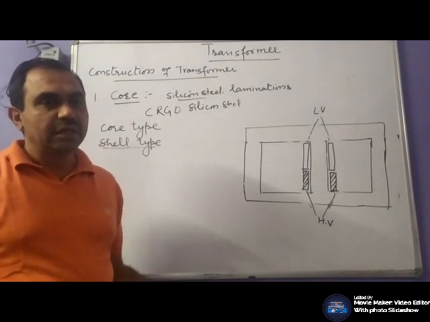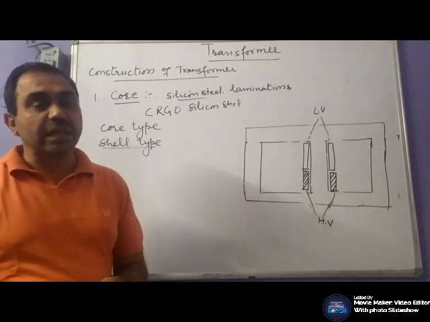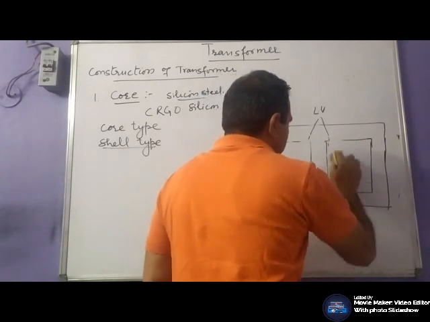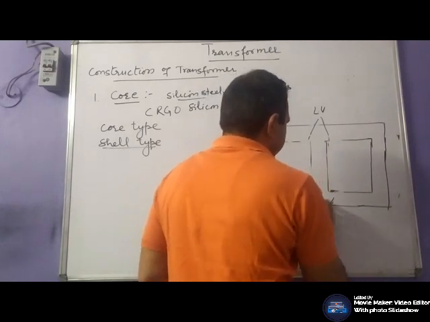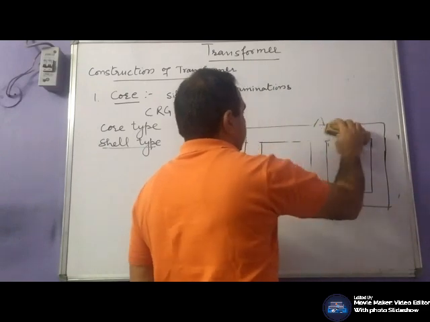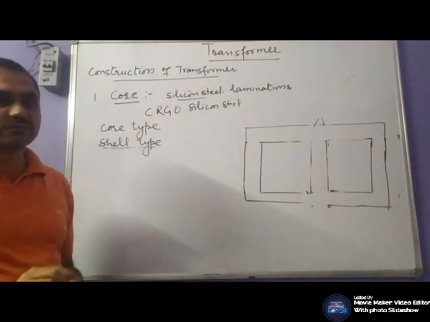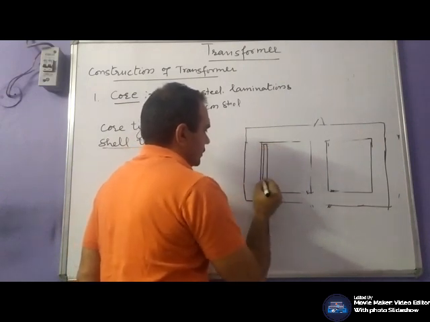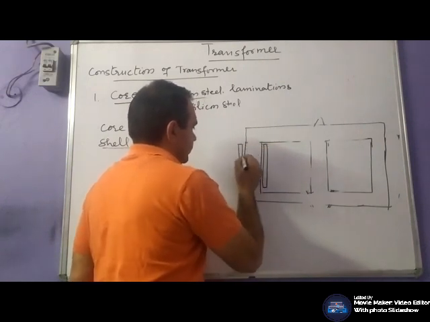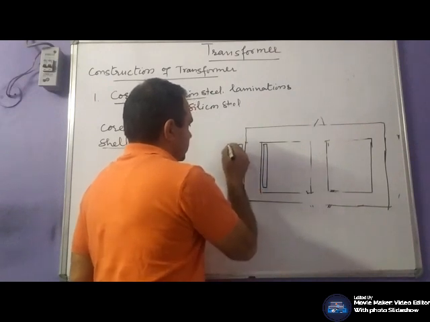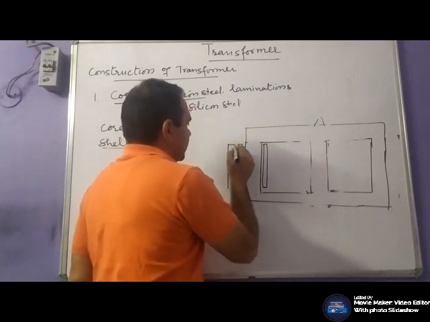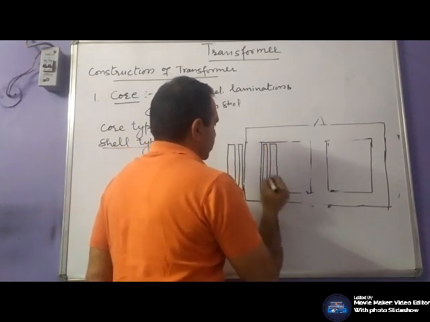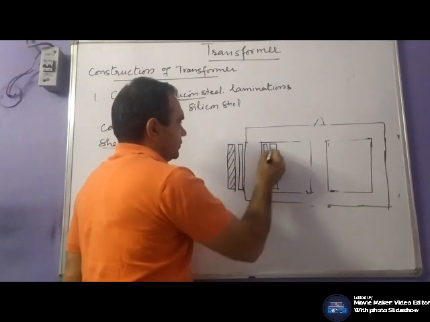For example, if we require a 3-phase core type transformer, in case of 3-phase core type transformer, this single phase shell type transformer becomes a core type transformer of a 3-phase system.